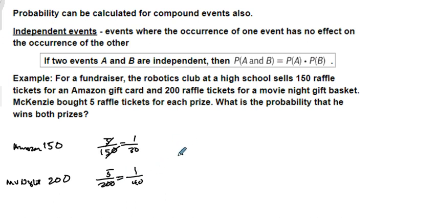So we get 1 over 30 times 1 over 40, which gives you 1 over, well, 3 times 4 is 12, and then tack your zeros on, 1 over 1200.